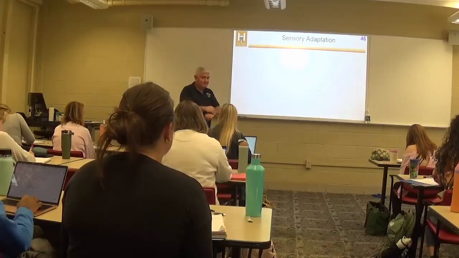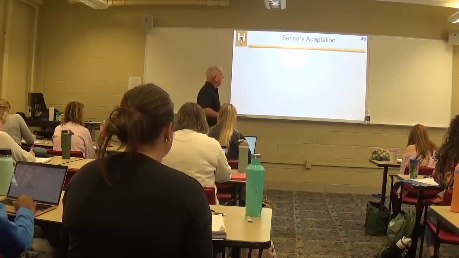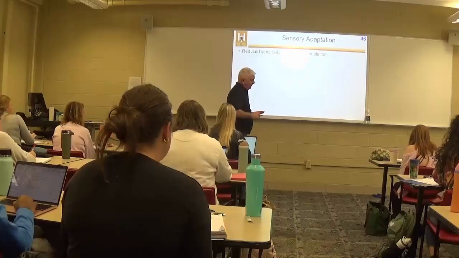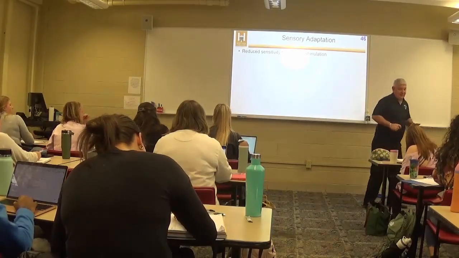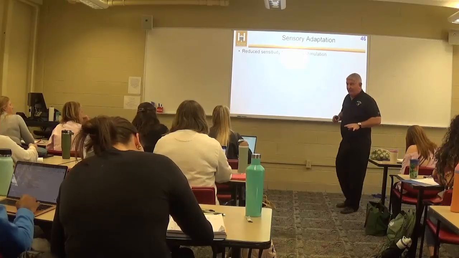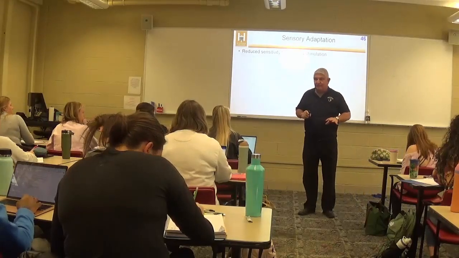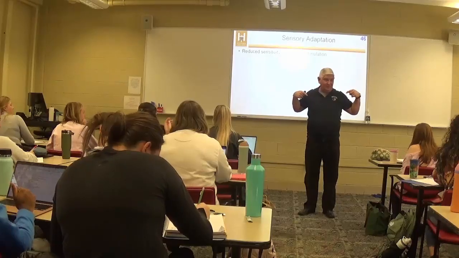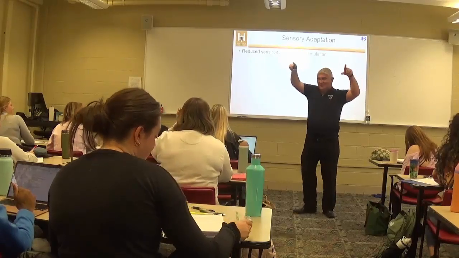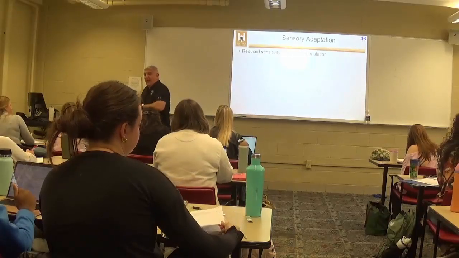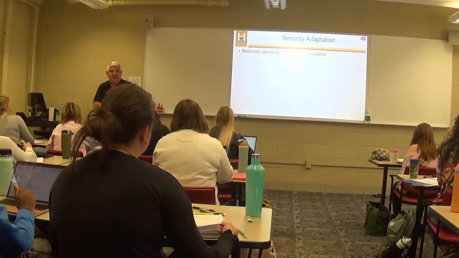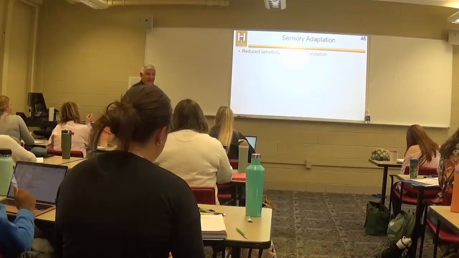Good? Okay, all right. So, I want to talk for a minute about adaptation. We're going to talk more about adaptation in lab. Where are you going for lab today? Down the hall. Don't come here. There'll be another lab. C25 down the hall. Okay. Lab today is going to be pretty short. I'm going to give you the instructions on how to do the dark adaptation lab, and then I'm going to turn you loose.